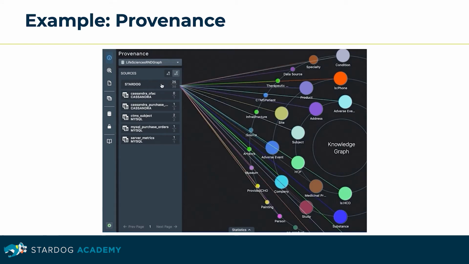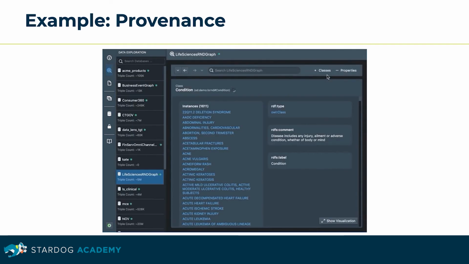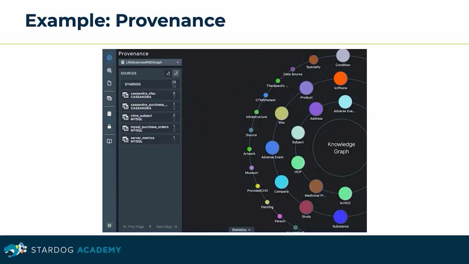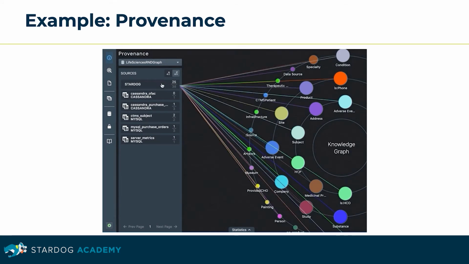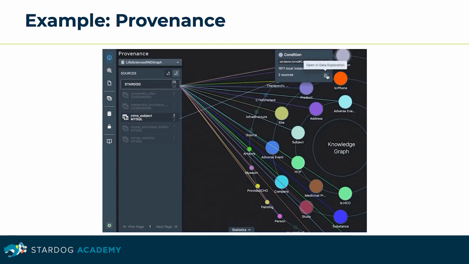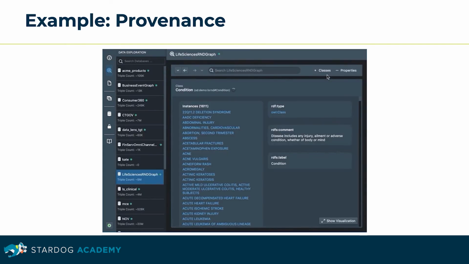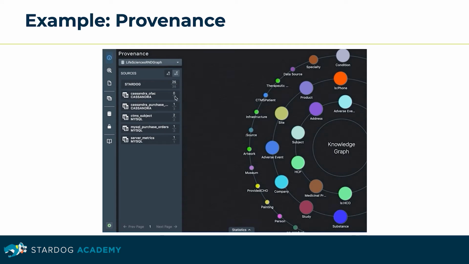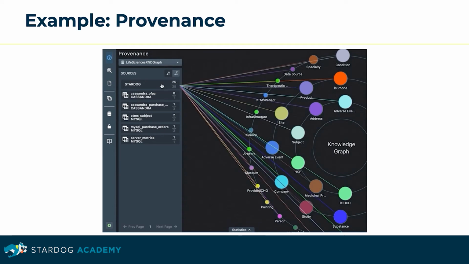We are showing where the different concepts, properties and classes come from, whether they belong to the native Stardog database or from a virtual graph. This concludes the section on provenance.